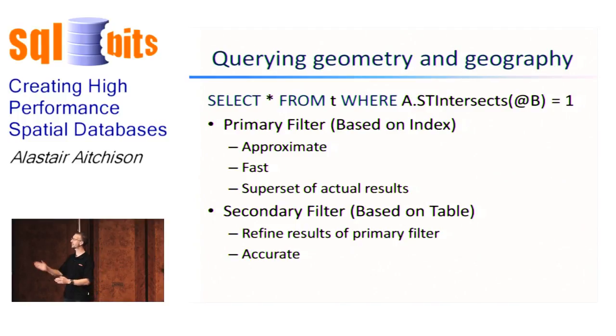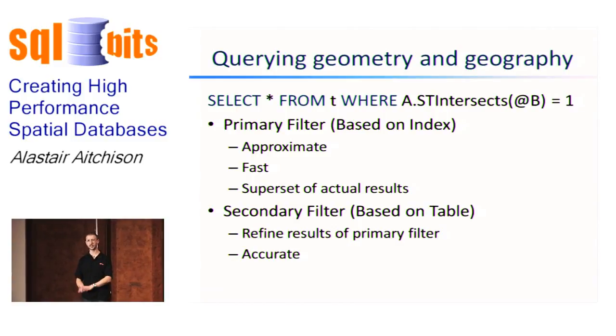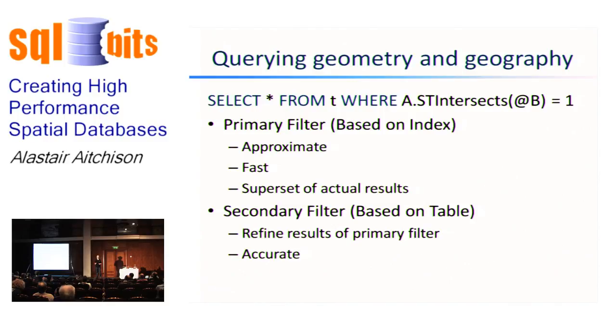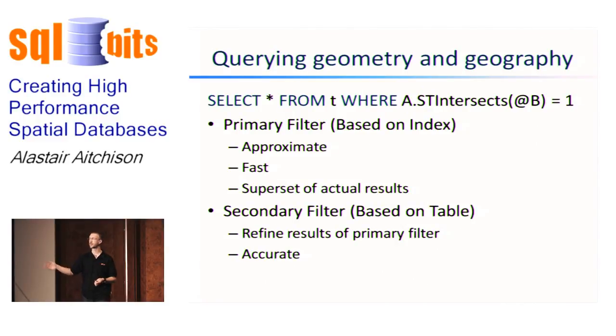Okay, and when you execute that query then, what happens? Well, SQL Server uses what's called a two-stage filter to actually process the results of that query. There's a primary filter and there's a secondary filter. The primary filter, as you can see there, is basically like a first guess at the results. It's an estimate. And what it does is it returns a superset of results that could fulfill that condition in the query.